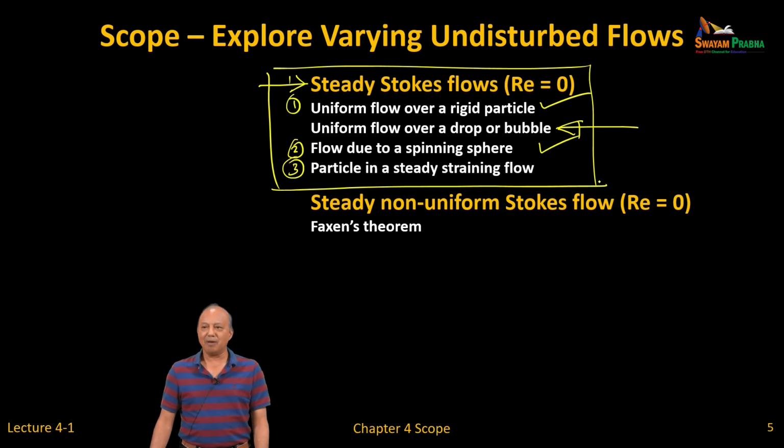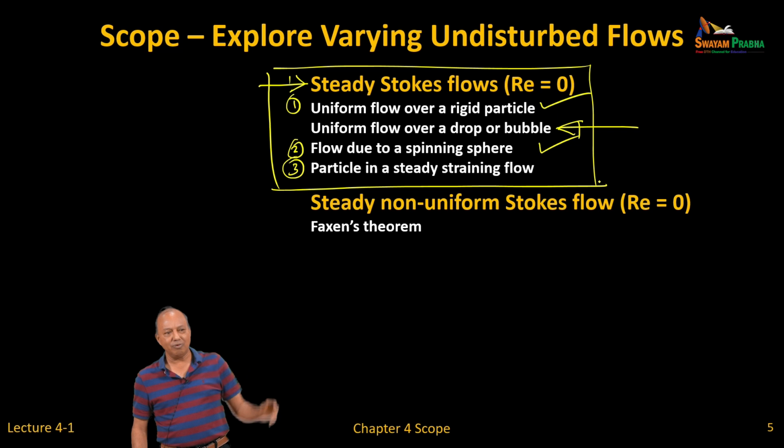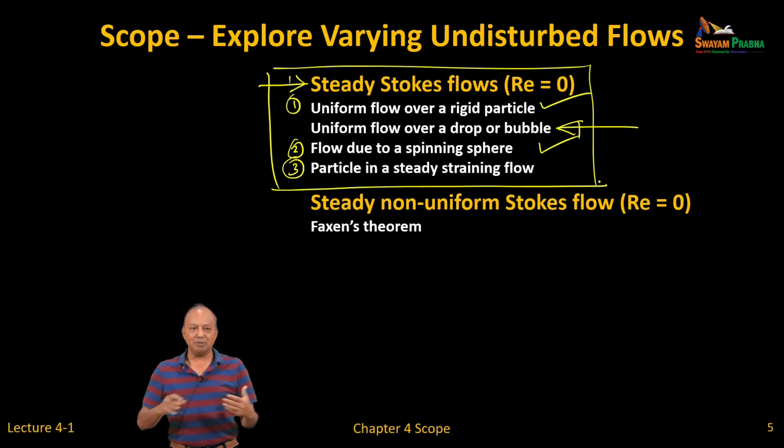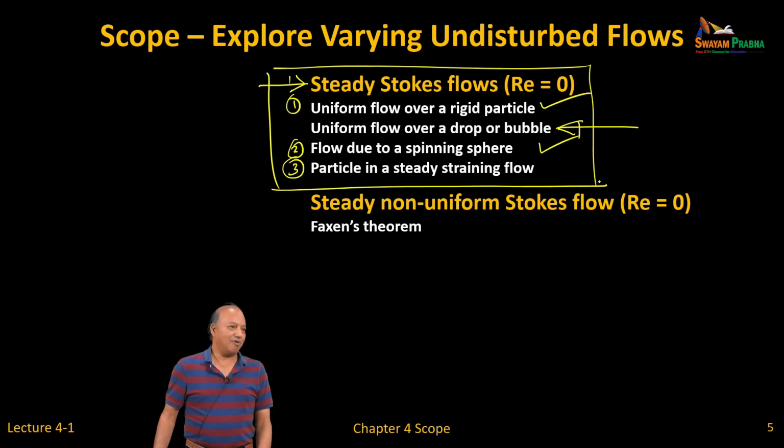In the first 4 problems, either it's a uniform flow or it's a vortical flow or it's a simple straining flow. But in reality, when you are doing Euler-Lagrange simulation in a turbulent flow, the undisturbed flow at the particle is going to be way more complicated.